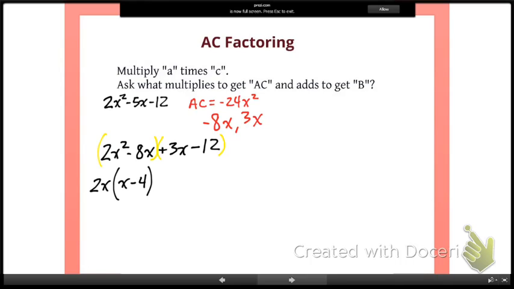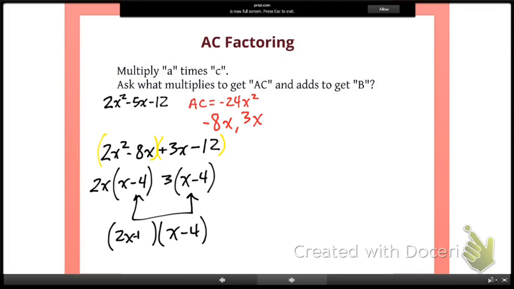In this case, both pieces are divisible by 2x, and in the second case, you can divide by 3. Your goal is to get 2 binomials in parentheses that are exactly alike. So in this case, I've got x minus 4 and x minus 4, so that becomes one of my terms, and my other term is 2x plus 3, which are the terms that I factored out.